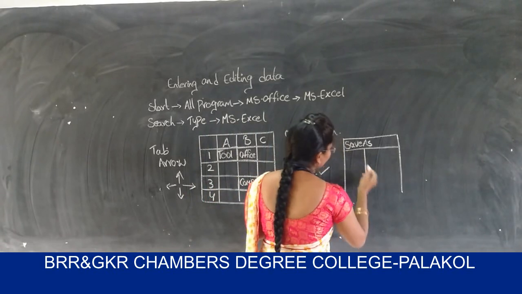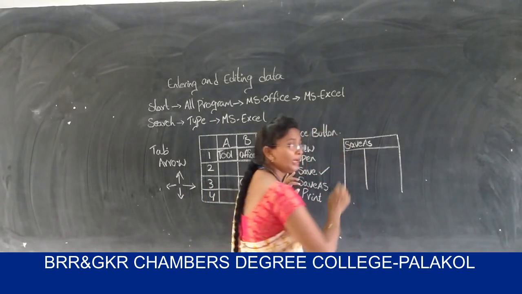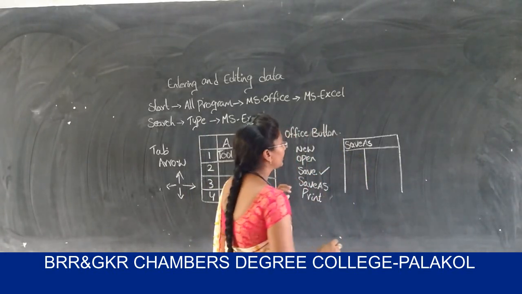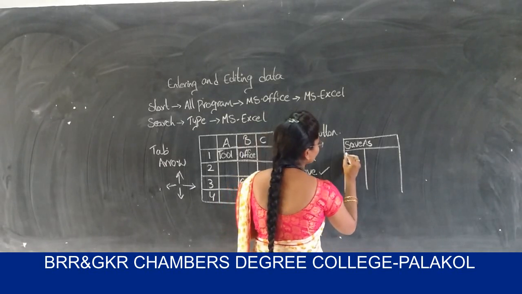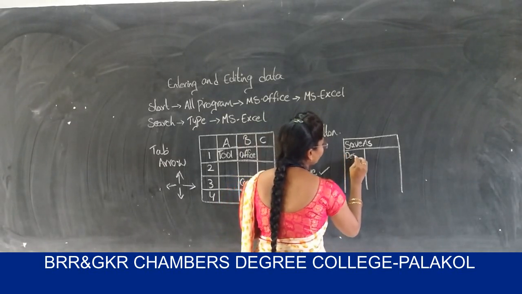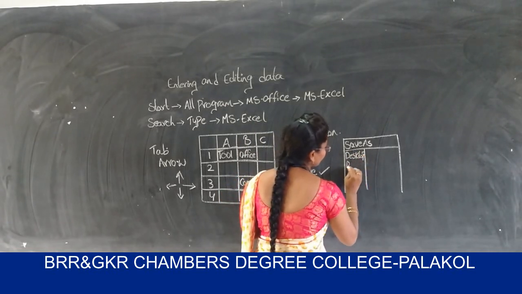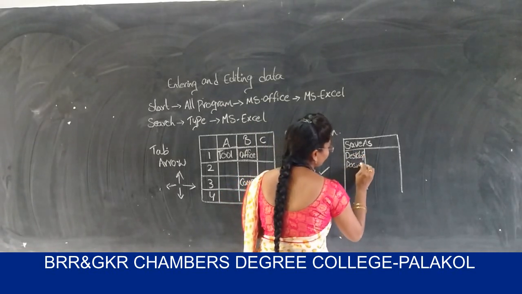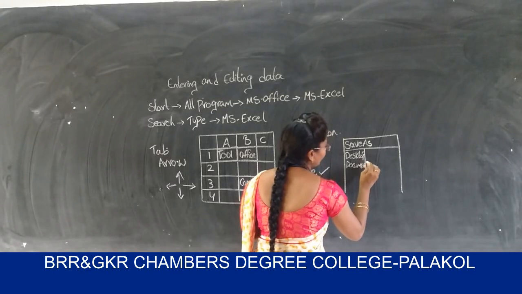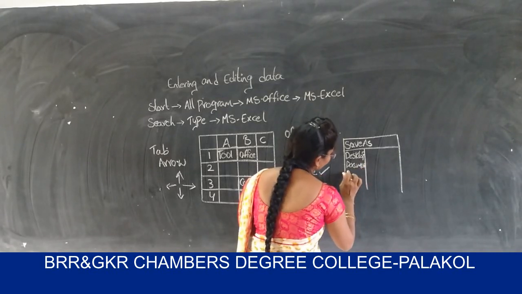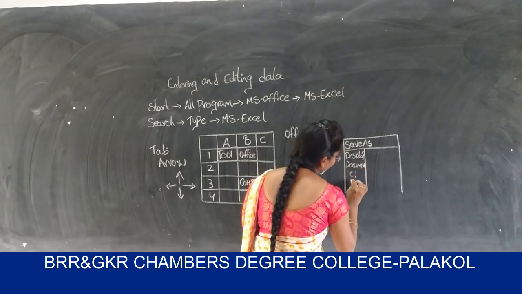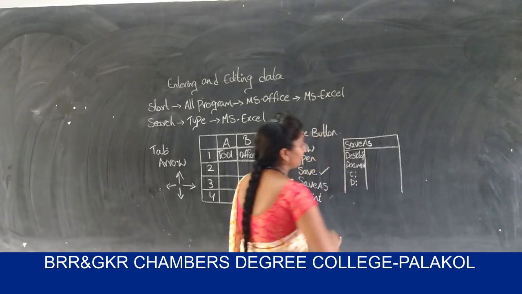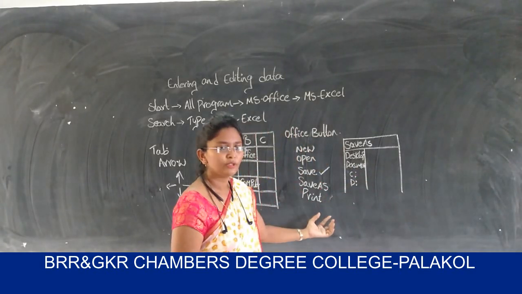At the left hand side, the locations will appear: desktop, documents, and C drive, D drive, whatever drives are available in your system.